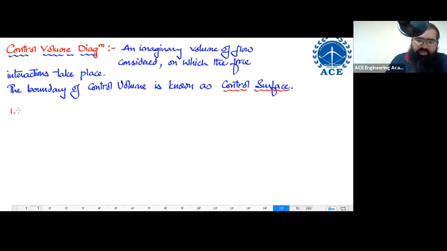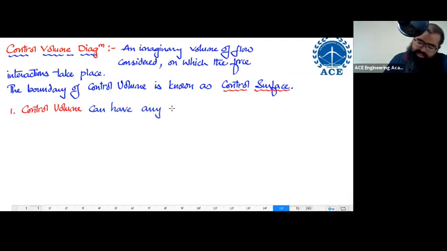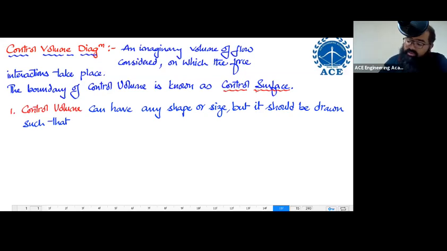First rule, the control volume can have any shape or size, but it should be drawn such that, now this control surface I told you is very important, now it will come into picture.